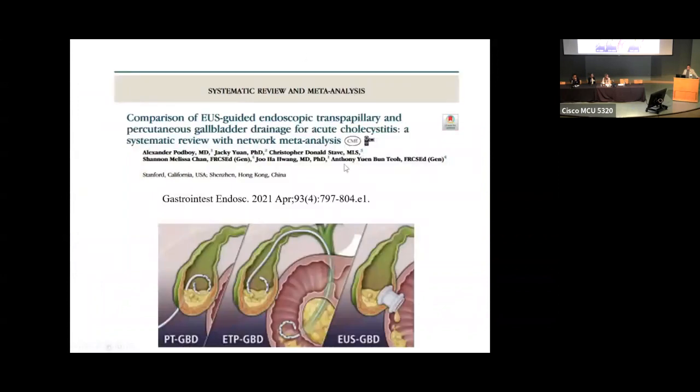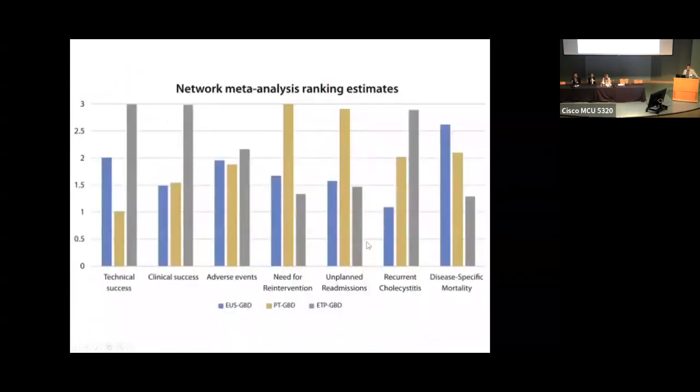This is also a systematic review recently in GI endoscopy of the EUS guided transpapillary, percutaneous and transmural drainage. So all three modalities, percutaneous on the left, transpapillary and luminal opposing metal stents. You can see technical success was actually highest with transpapillary drainage, which is interesting.